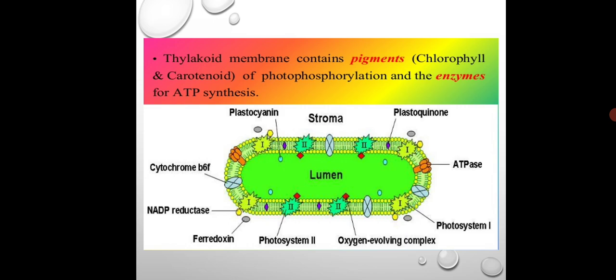So these electrons transfer from plastocyanin to plastoquinone, and all that we are going to see in detail in our further videos. All these components, cytochrome, plastocyanin, plastoquinone, are present in photosystem 1 and photosystem 2, or they take part in the flow of electrons in photosystem 1 and photosystem 2.